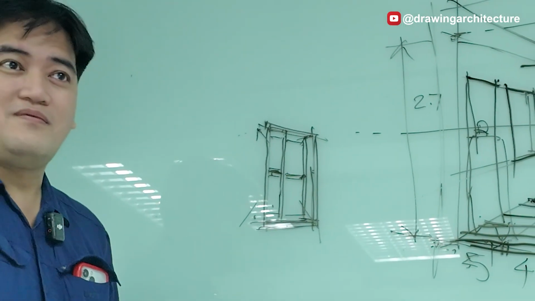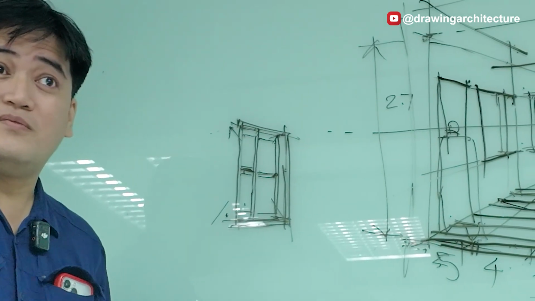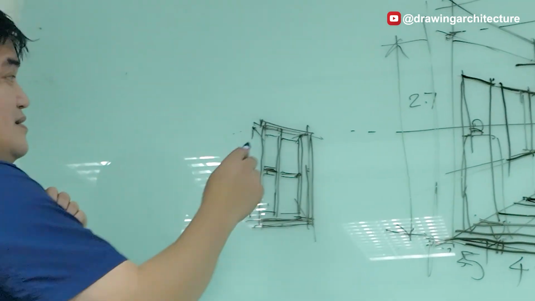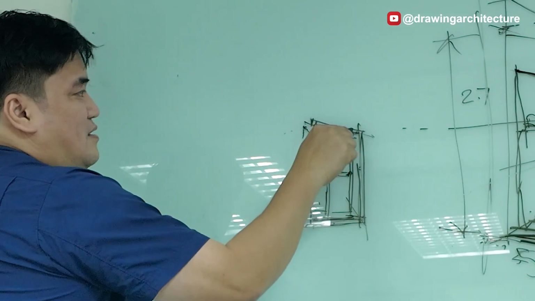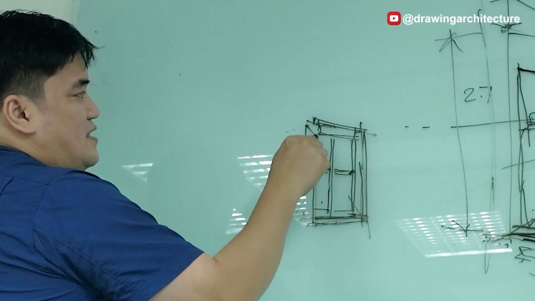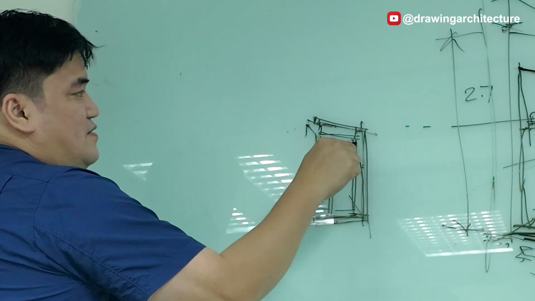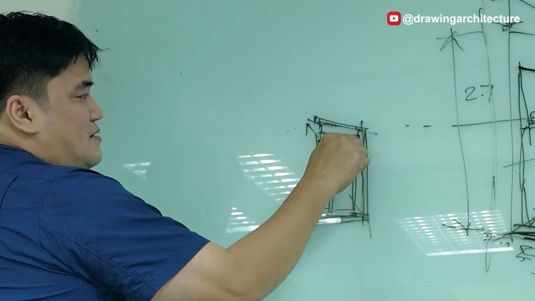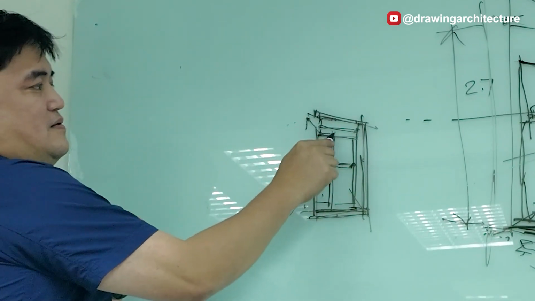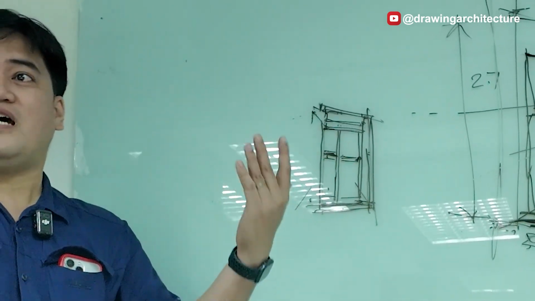Now, I did make you research about Roman blinds, Roman shades pala. Sorry. Diba? Magkakaroon kayo ng Roman shade curtains, right? Something like this. It goes in, it folds up.